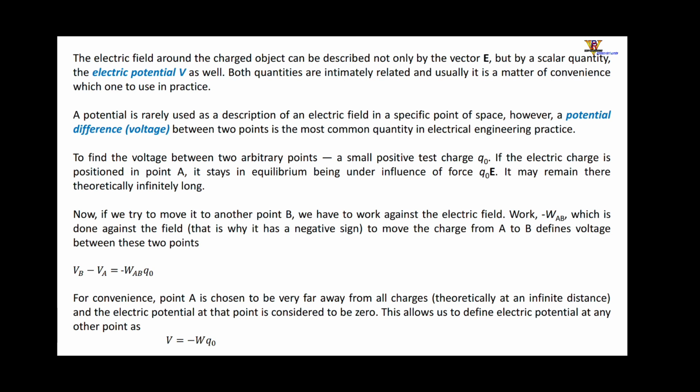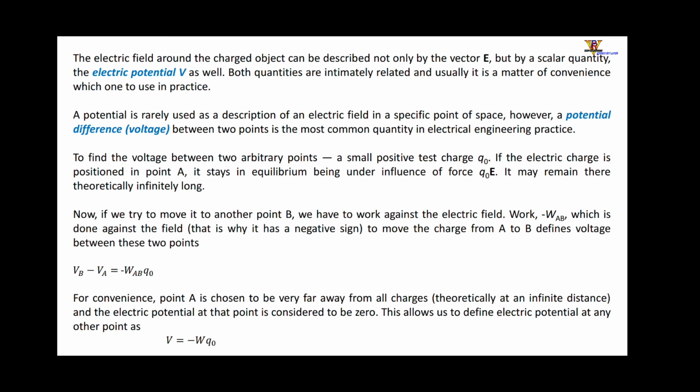Both quantities, the electric field intensity E, a vector, and the scalar electric potential V, are related, and usually it is a matter of convenience which one is to be used in practice. It depends upon the application. Now we want to define a potential. It is rarely used as a description of an electric field at a specific point of space, but most of the time we define the potential difference, known as voltage, between two points.